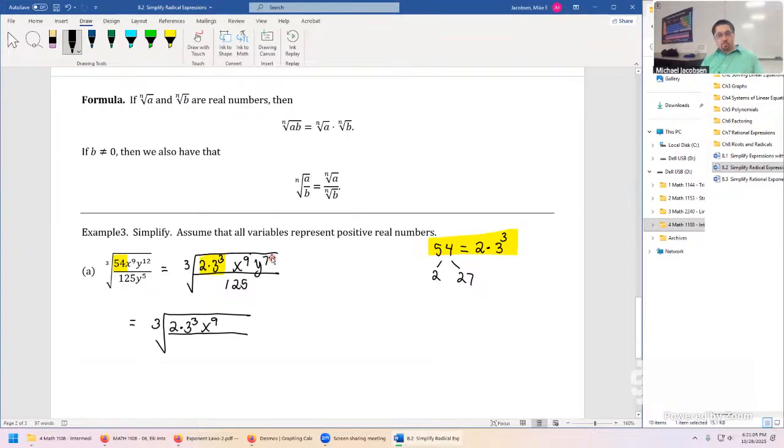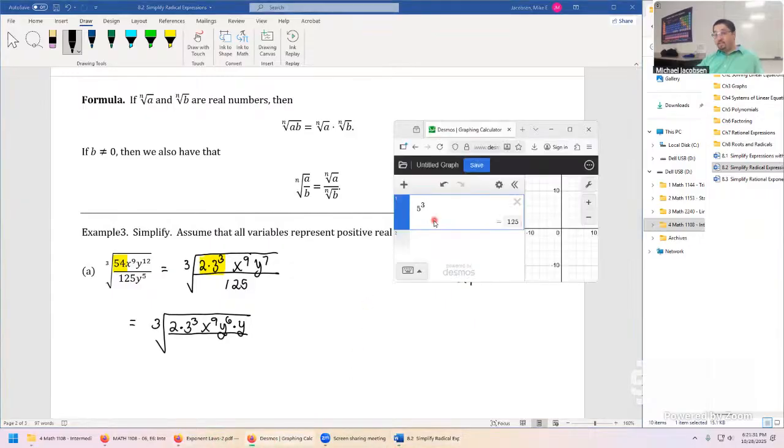We don't want to write this as y to the power 5 times y like we did in the other problems, because 5 is not divisible by 3 either. We could write this instead as y to the power 6 times y. So if we just take off one factor, like the ones we did before, the 6 right here would be divisible by the 3. The 125 in the denominator, we just checked in the calculator, is 5 to the power 3.